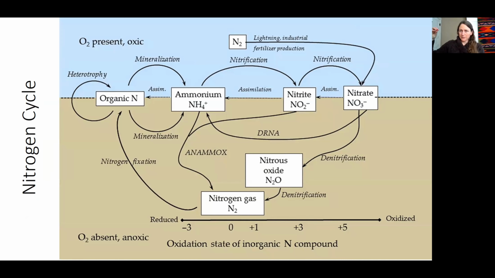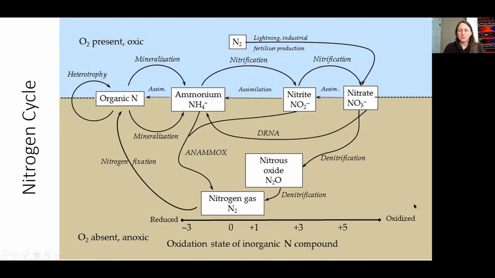And then in the other direction, going from nitrate to nitrous oxide and nitrogen gas, those are on the denitrification pathway. Nitrogen gas to nitrogen fixation, that's a reduction reaction that's going with potential energy. But organic nitrogen mineralization to ammonium in a reducing environment, that would go against potential energy.